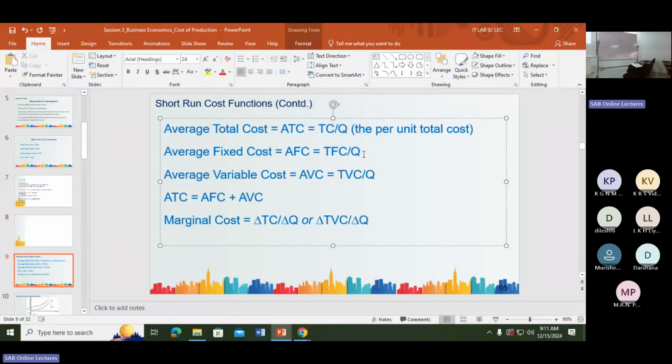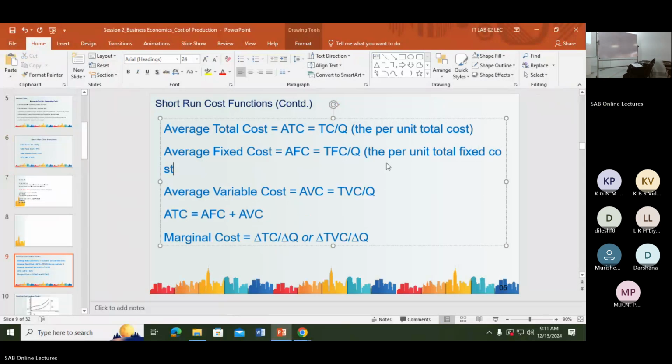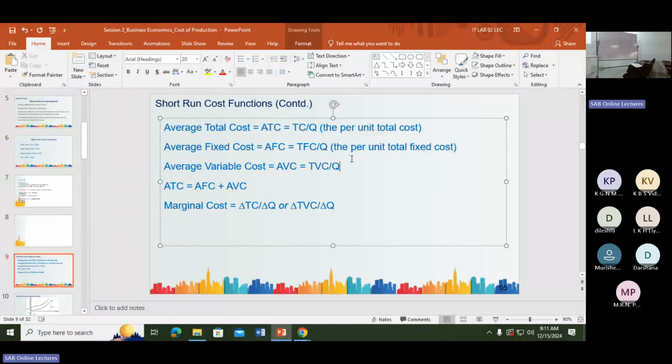Average fixed cost is total fixed cost divided by the number of units of output. That is the per unit total fixed cost.